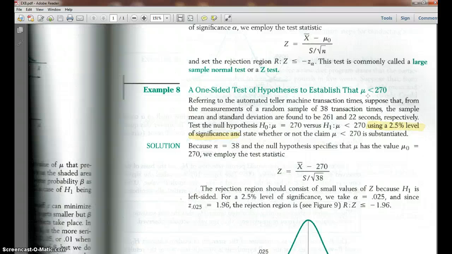So it might be 275, it might be 264 or something like that. So 269 is not so good for supporting this claim. So how small does this sample mean have to be for us to support their claim?